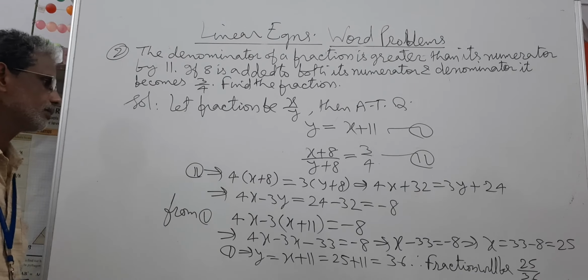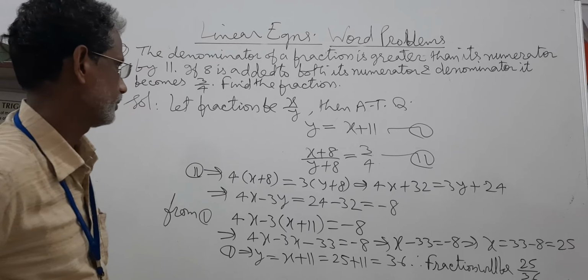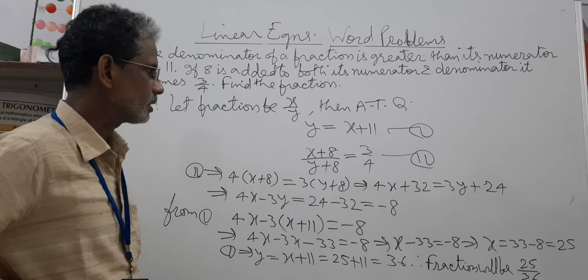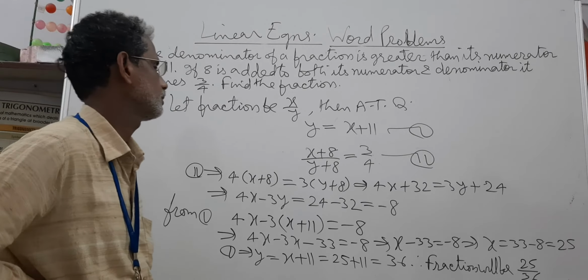Similarly, you can solve your word problems related to fractions. Because it is a word problem, you have no need to write all equations in standard linear form. Your question is to find the fraction.